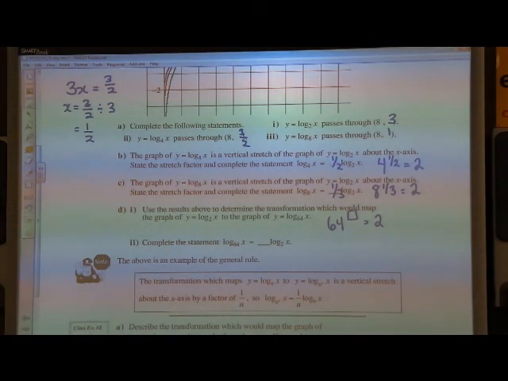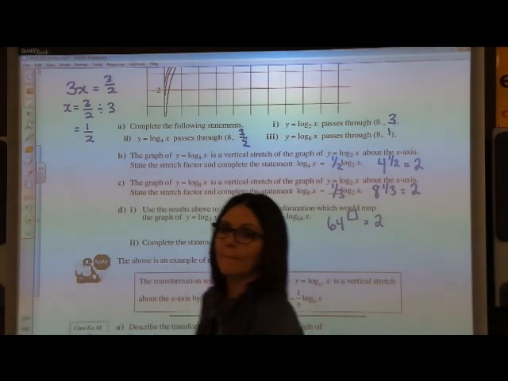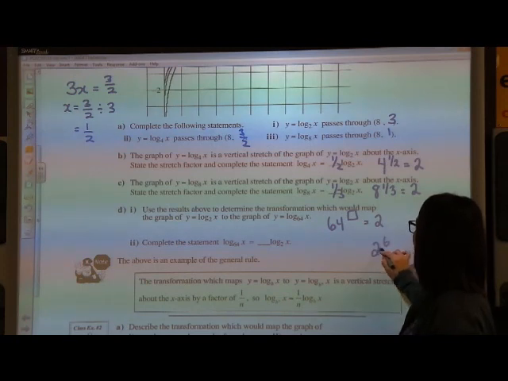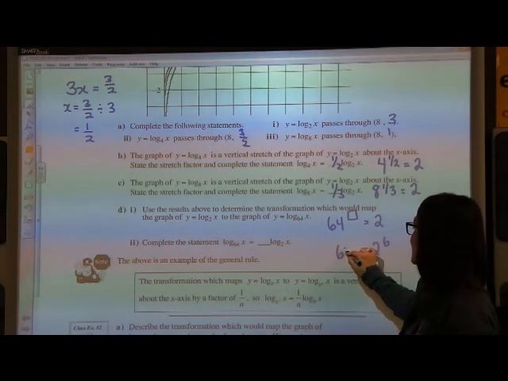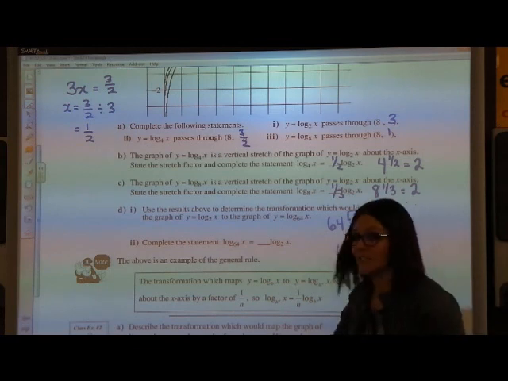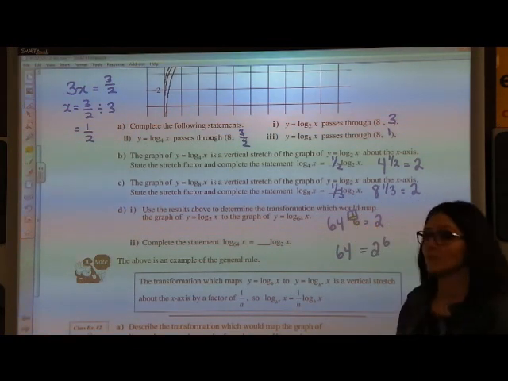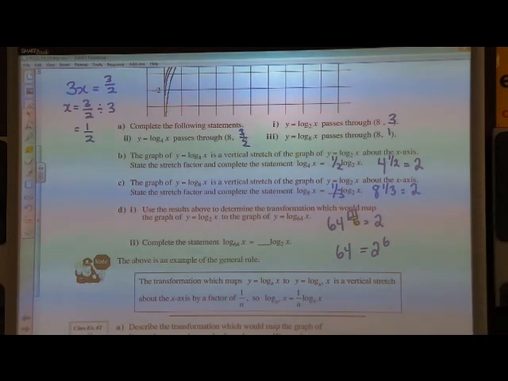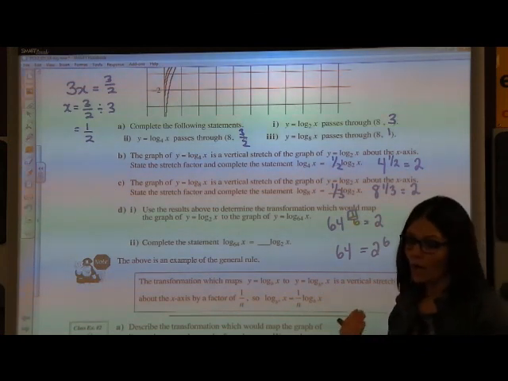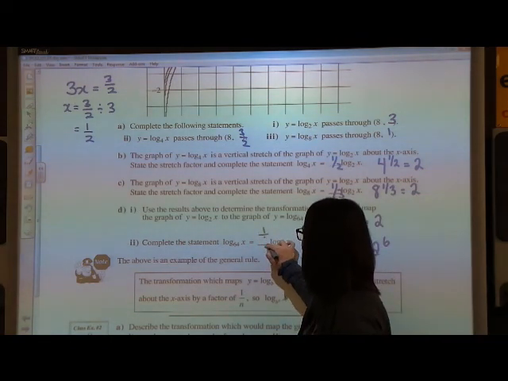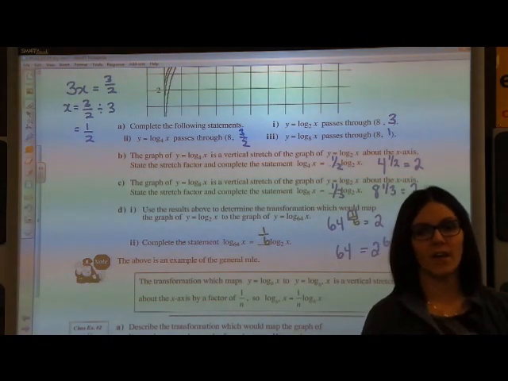And how did you get 1/6? Did you guess and check it? Well, I figured out what 2 to the power of what is 64, then I just put 1 over that. So 2 to the power of 6 is 64. So then 64 to the power of 1/6 would be 2. So it ends up being a reciprocal. So log base 64 of x would be equal to 1/6 of log base 2 of x.